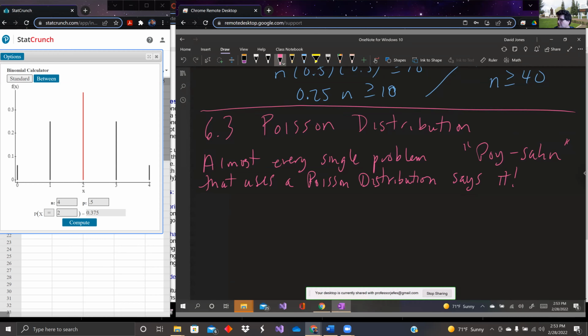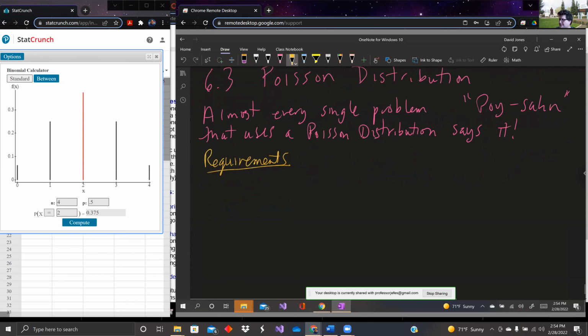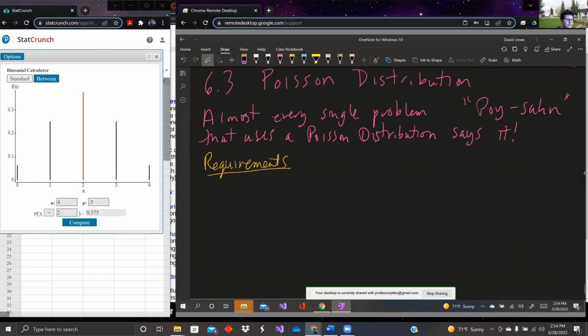So what are our requirements for a Poisson distribution? Like the binomial had 4 different things. What does the Poisson distribution require? We're looking at intervals or regions.